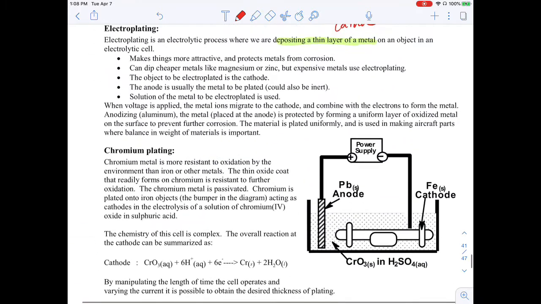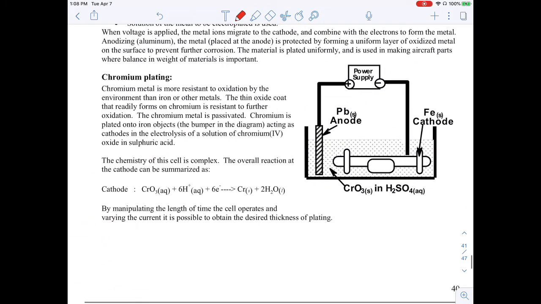One of the interesting cases where they do this is chroming. If they chrome plate something, they'll use chrome 6 oxide in strong acid, and then they place something that is iron to coat at the cathode.